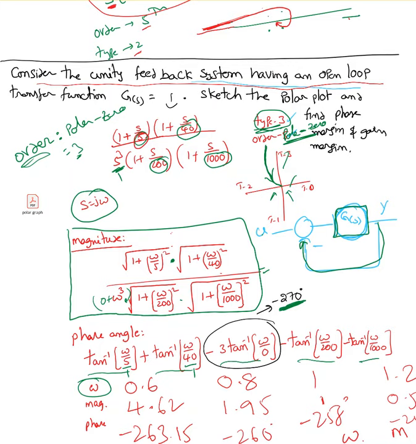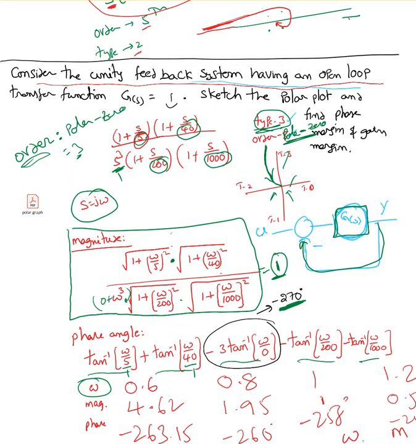Once we have this magnitude and phase angle equations, now our goal is to define the omega values. So the important point here, to draw the polar plot, make sure you have magnitude 1. Okay, and then some other points. But you have to have this magnitude 1.